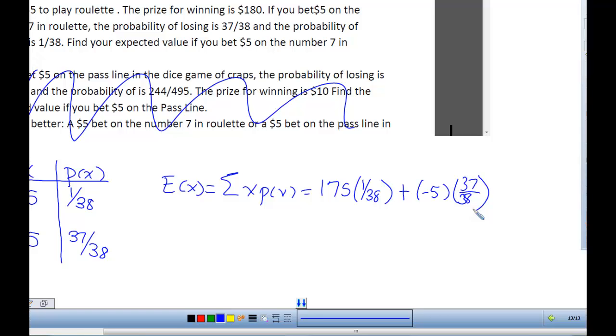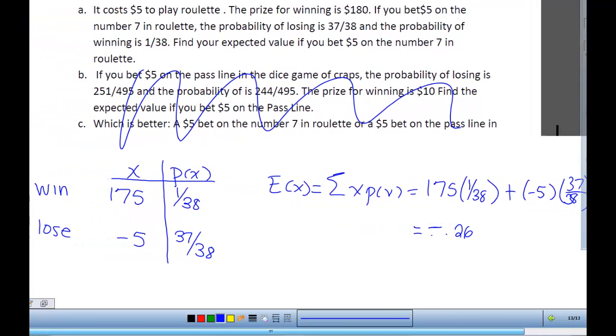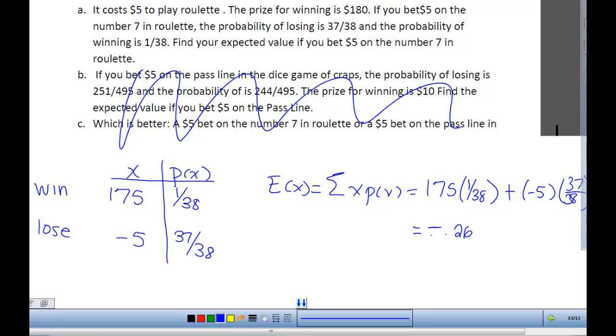I got negative 0.26. Okay, so first of all, what does that mean? Remember I said that the mean or the expected value is the long run average. Does that make sense? 175 times 1 over 38 is our winnings. Negative 5 times 37 over 38, that's our loss.